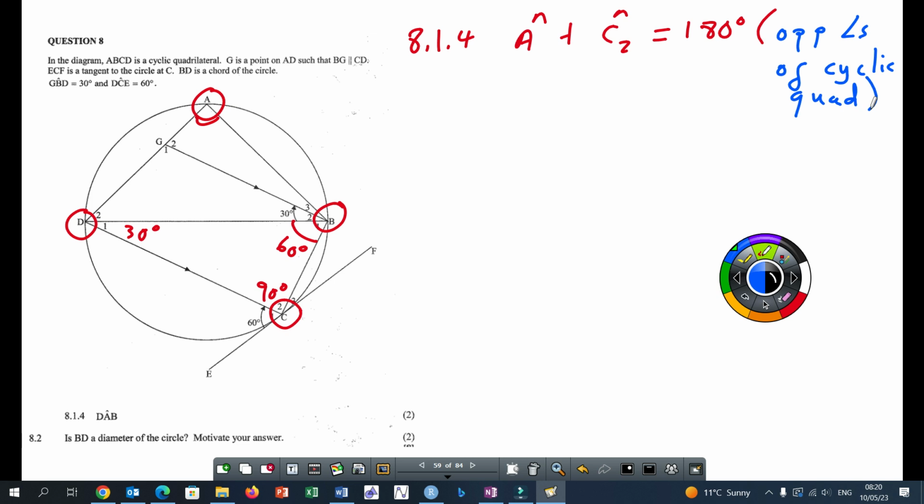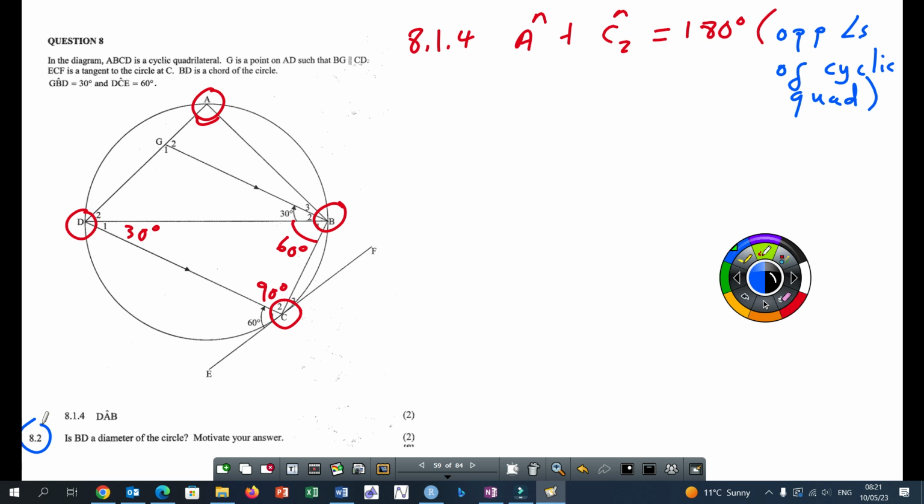But for this question, if you prove that BD is a diameter, you'll be answering question 8.2 before you start answering it. So that is the way which I would suggest you go. But if you say it's proven, then if you decide to do it that way, it means you'll be answering 8.2 twice.